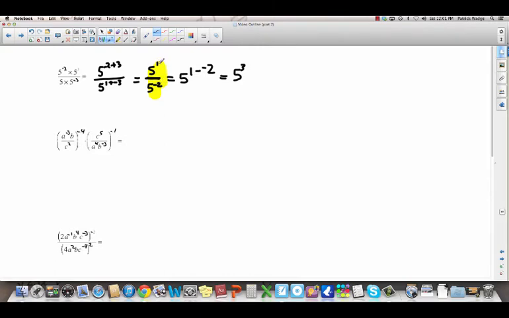And I hope you'll agree with me, 1 is bigger than negative 2. Now, how much bigger is 1 than negative 2? If you think of a number line, 0, 1, 2, 3, and negative 1, negative 2, negative 3, how much bigger is 1 than negative 2? It's 1, 2, 3 bigger, so 5 cubed will be right there.